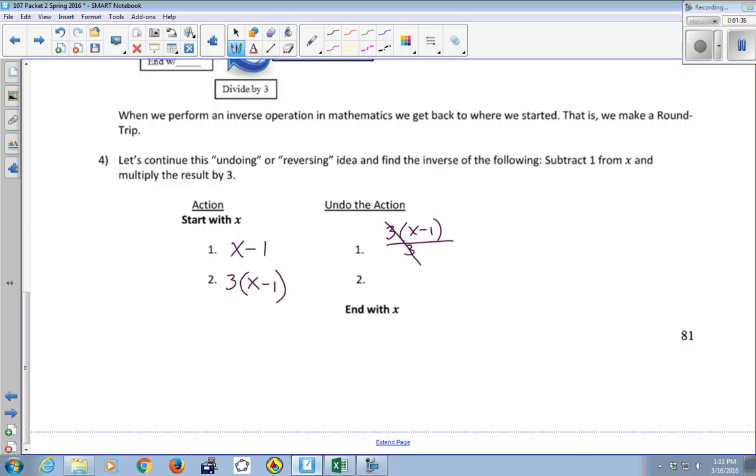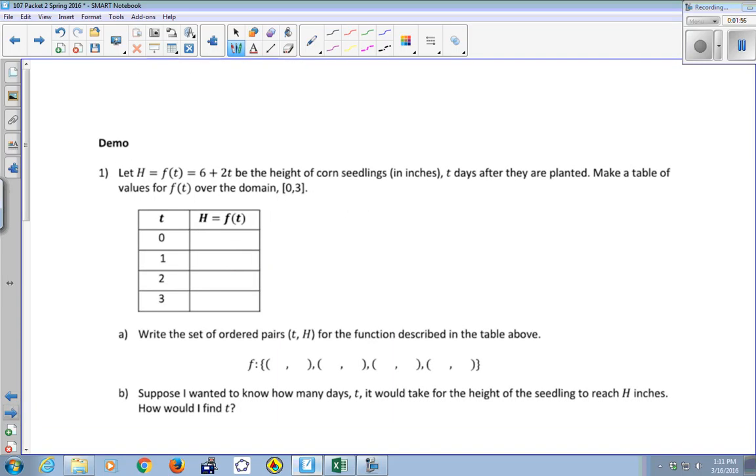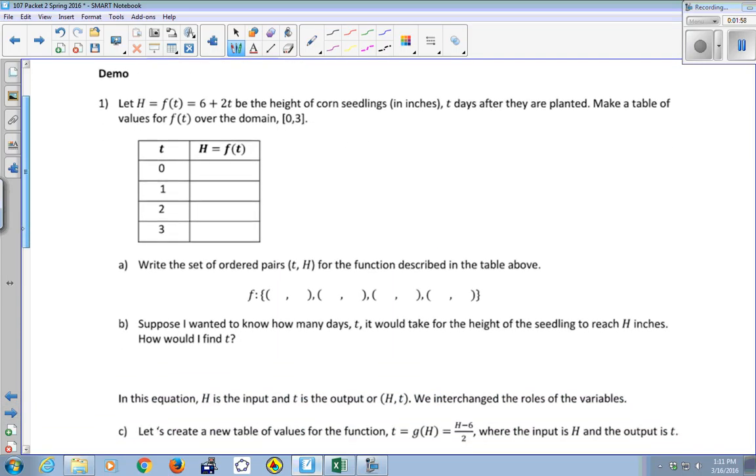And then I want to undo the subtracting 1. How do you undo subtracting 1? Add 1. So you have x minus 1, add 1, and you end with x. Okay, good. So this is the idea of inverses, functions that undo each other.